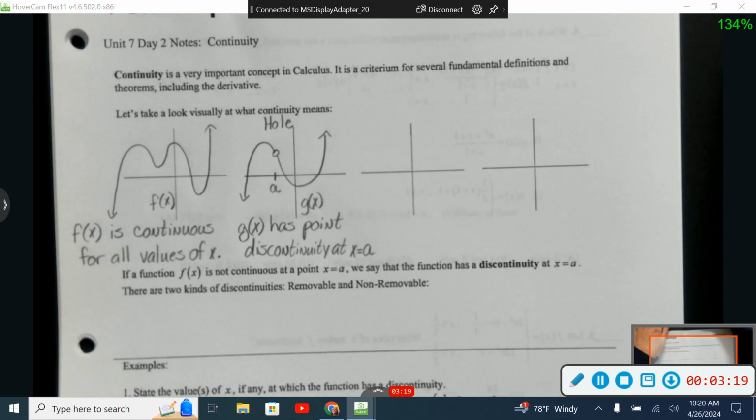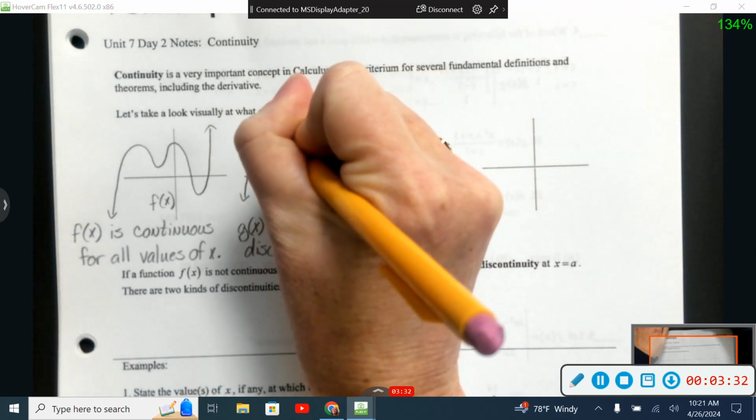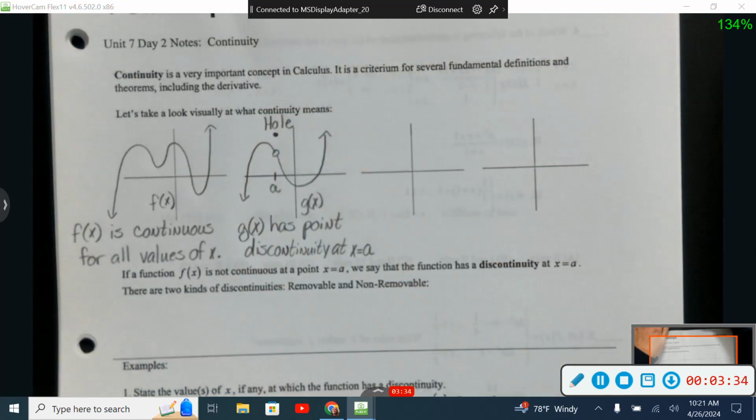Our first type of discontinuity is point discontinuity. You may also see a hole in your graph with a little point up here. That is still point discontinuity. Even though it has a function value up there, it doesn't have it inside where the hole is, so we're still going to call that point discontinuity.